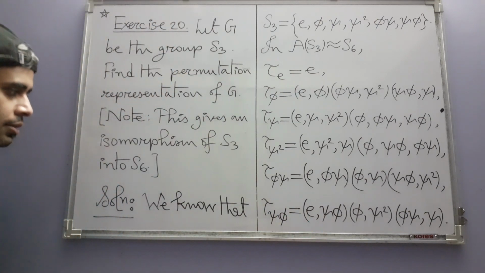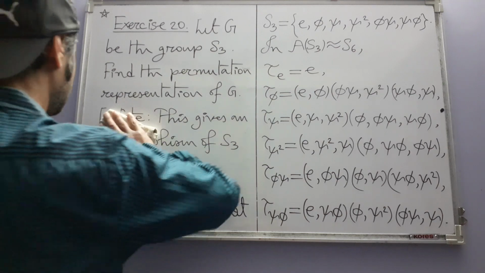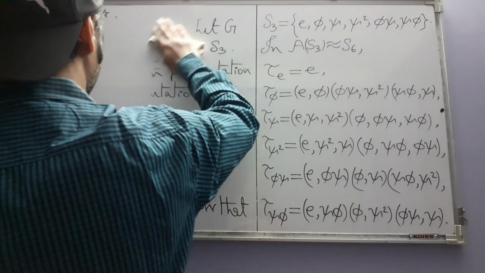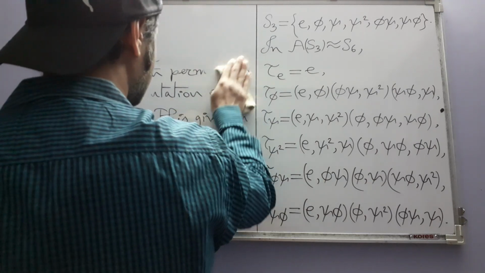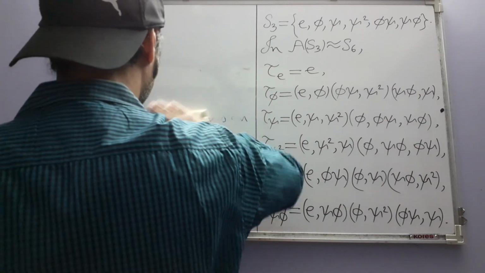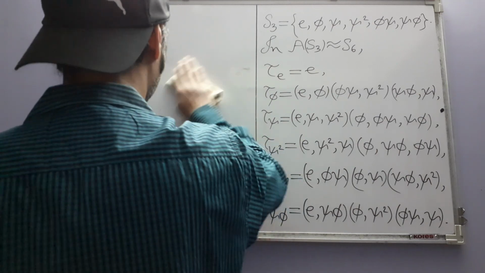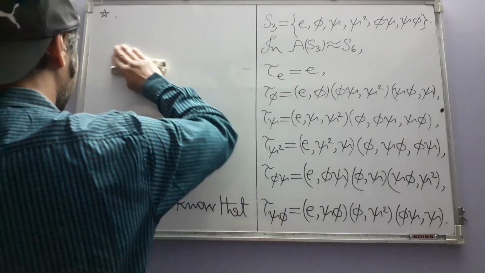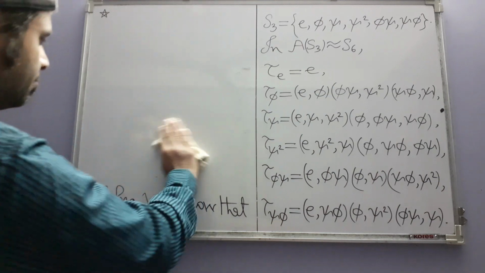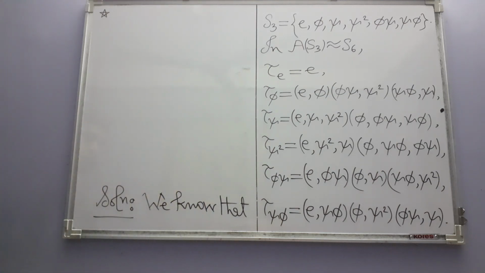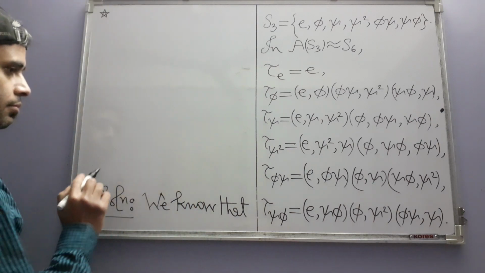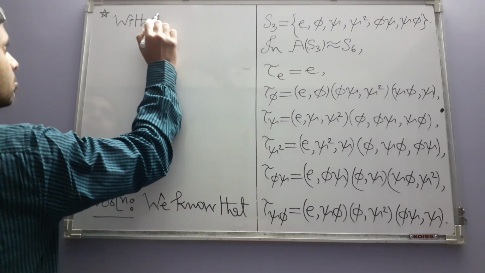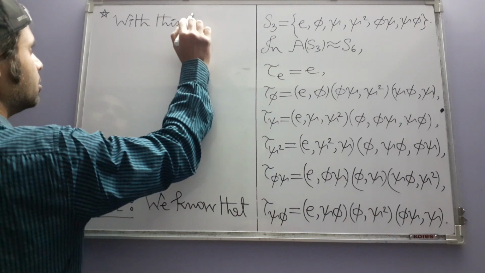Okay, so these are the functions, and with these we have our permutation representation of S3. Now as the note says, the representation is one isomorphism of S3 into S6, but not necessarily the only one. There are other isomorphisms of course also.